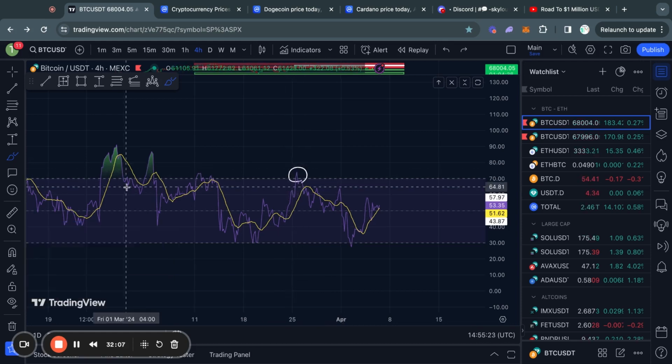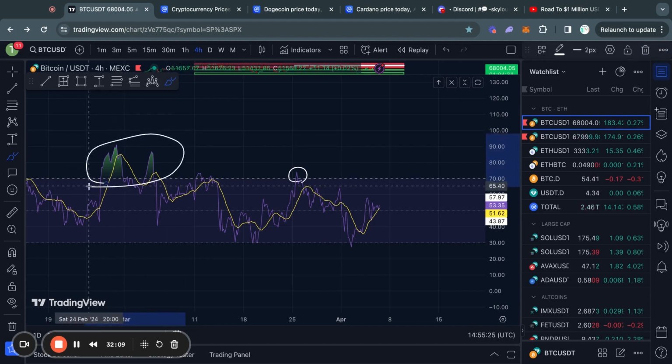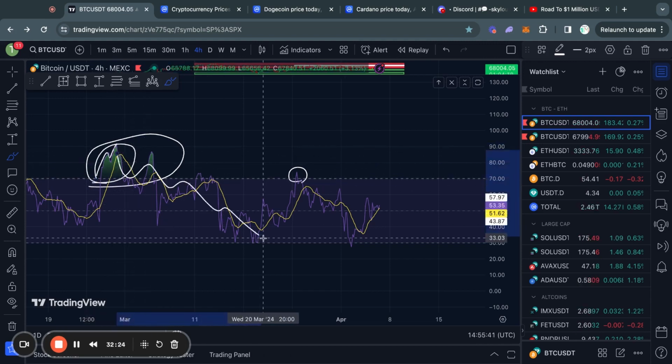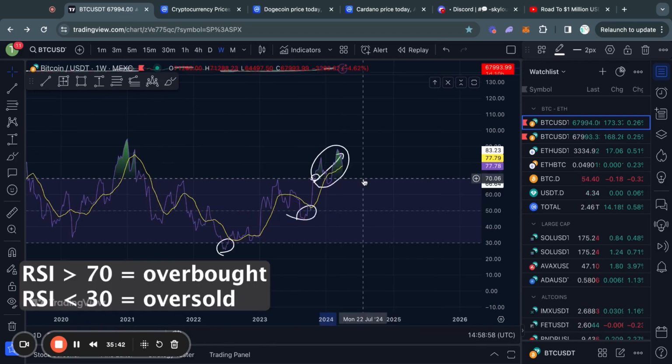However, as you can see right here on the left, sometimes the RSI can just keep going up and up, and right here it even reached 91 on the 4-hour time frame. So sometimes the RSI can stay in this overbought region for quite a while, but typically eventually it comes back down. So whenever the RSI is above 70, it means we are in overbought territories, and whenever we are below 30, it means we are in oversold territories.